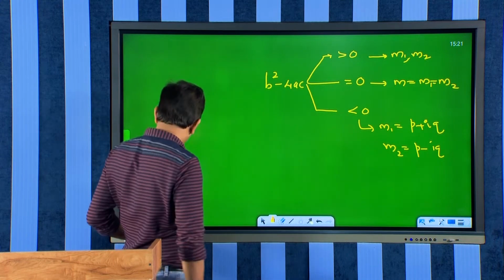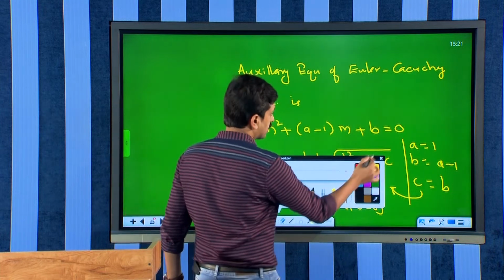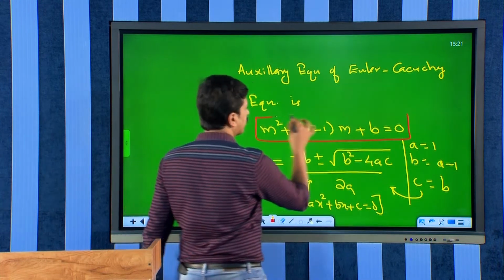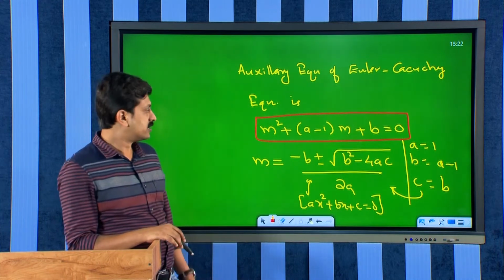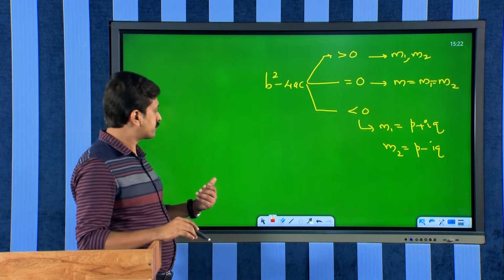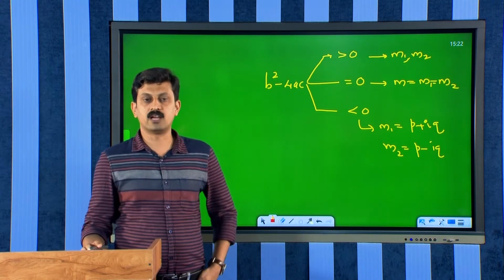So there is a slight difference for the auxiliary equation m square plus (a minus 1) into m plus b equal to 0, and definitely the solution will also have a little difference.